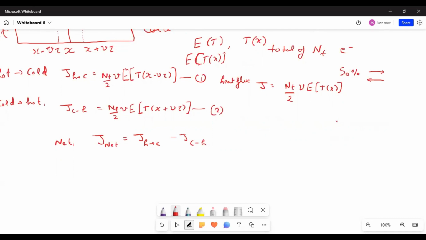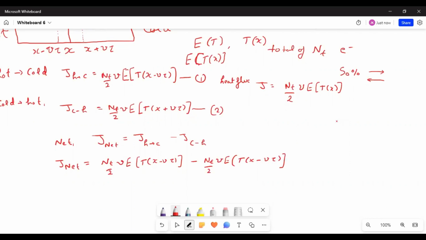If you put in these expressions, we will get J net equal to N by 2, v, E at x minus v tau, minus N by 2, v, energy E at x plus v tau.